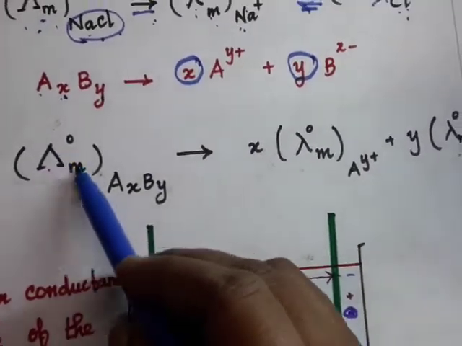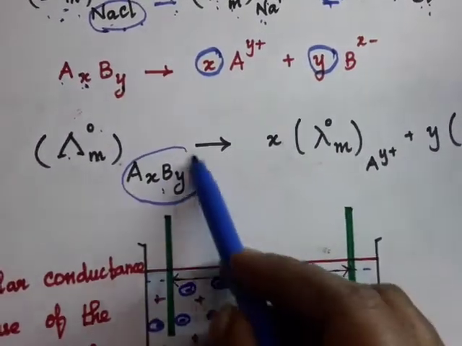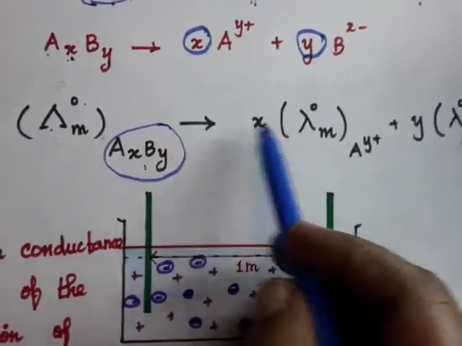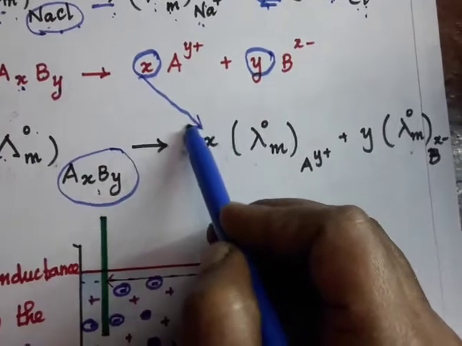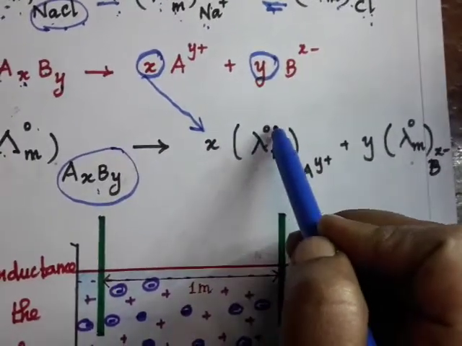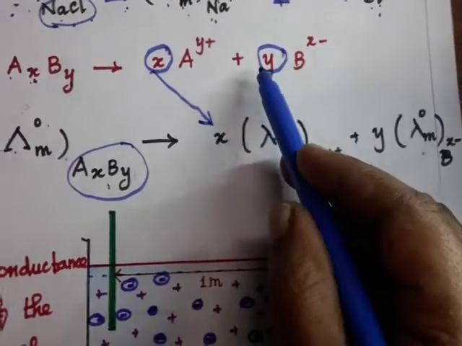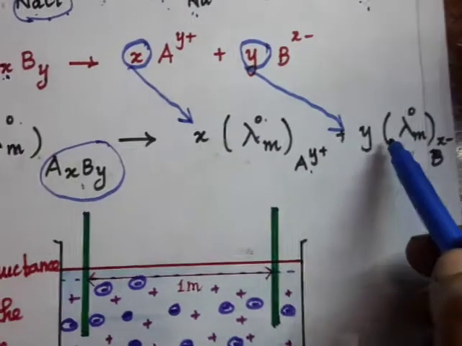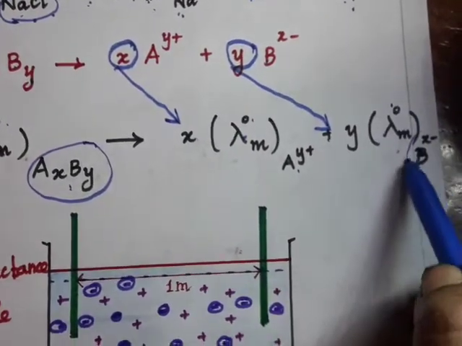The limiting molar conductance of AxBy, that is the electrolyte, will be equal to x, the stoichiometric moles, into the limiting molar conductance of the cation, plus y, the stoichiometric moles of the other ion, the negative ion, into the limiting molar conductance of the negative ion.